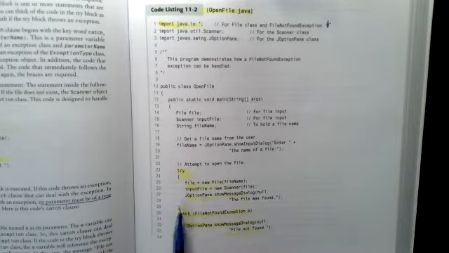But by putting it in a try block, if there happens to be a file not found error, an exception is created, and we can handle it with this catch block.